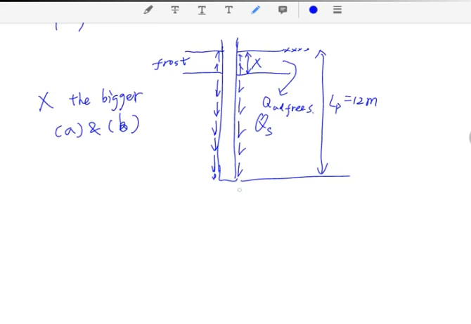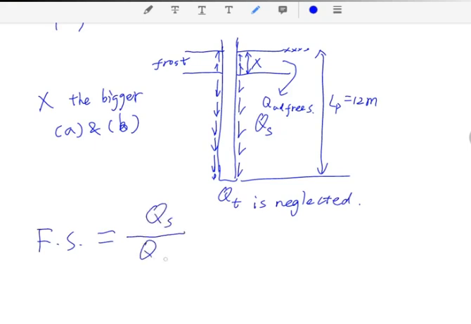Since there may be a gap between the toe of the pile and the underneath soil, QT is neglected. So the factor of safety will be equal to QS divided by Q at a freeze.